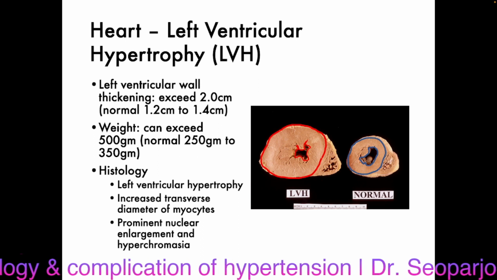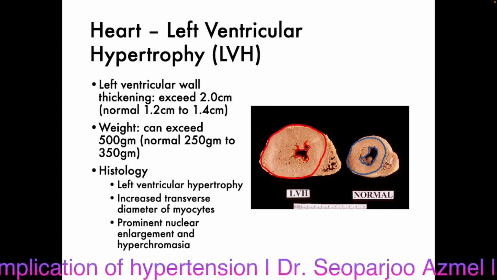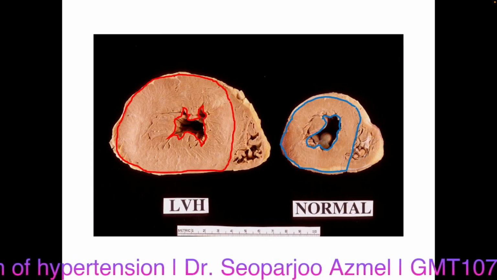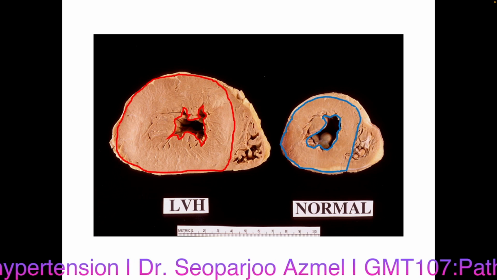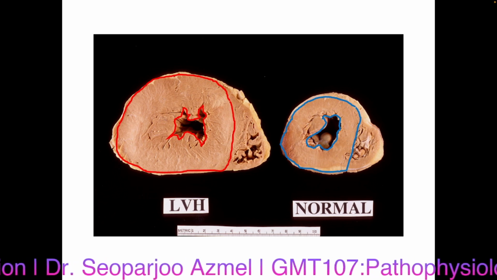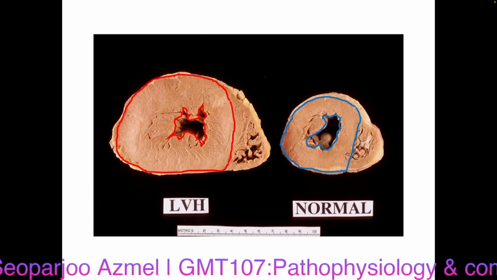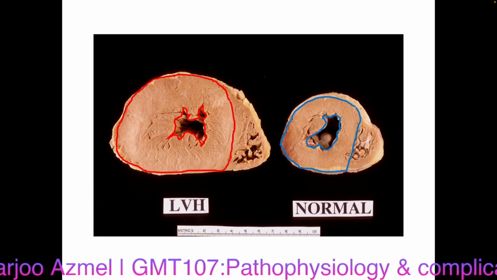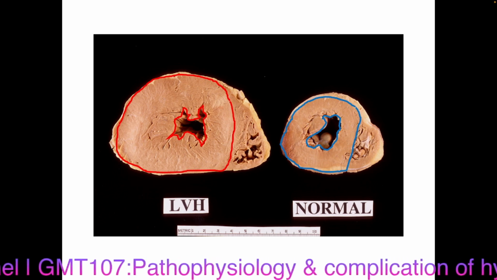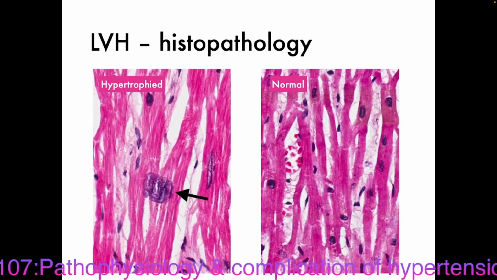Apart from that, there's prominent nuclear enlargement and also hyperchromasia of the nucleus. Again, this compares left ventricular hypertrophy to the normal heart. You can see the left ventricular wall thickness is more in left ventricular hypertrophy in comparison to a normal heart.